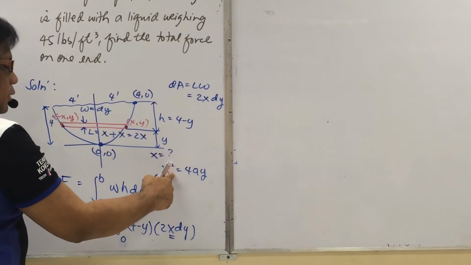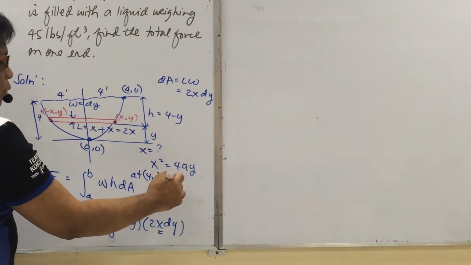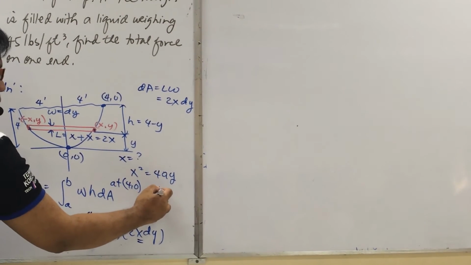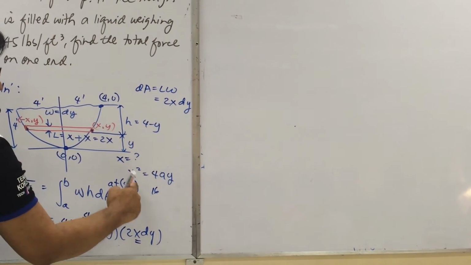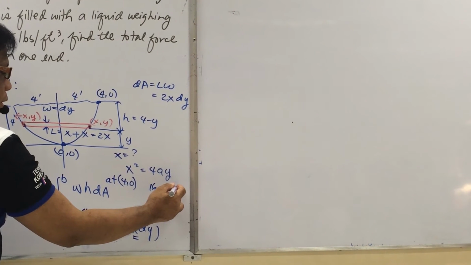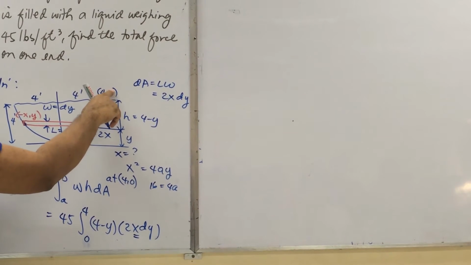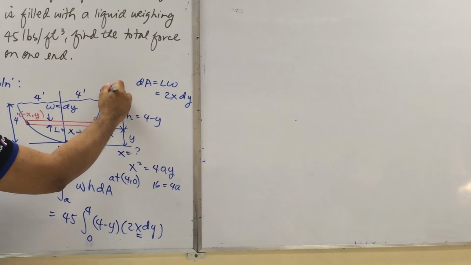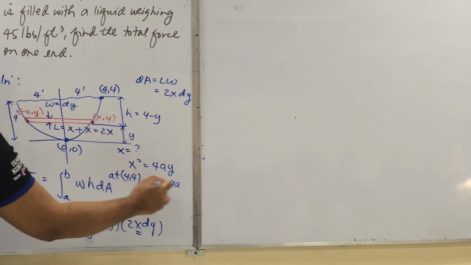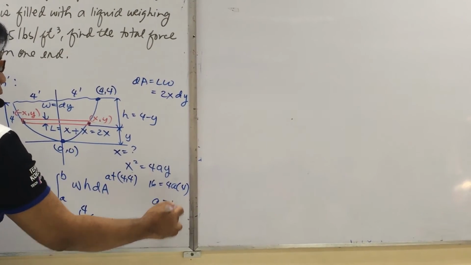So we define now the equation of the parabola and express x in terms of y. We have x is 4, so that is 16 because it is squared, equals 4a. Sorry, this should be (4, 4), not (4, 0). And then what is a? a equals 1.